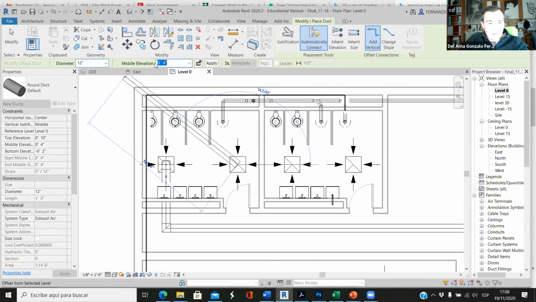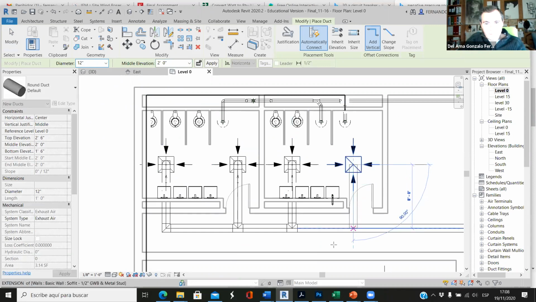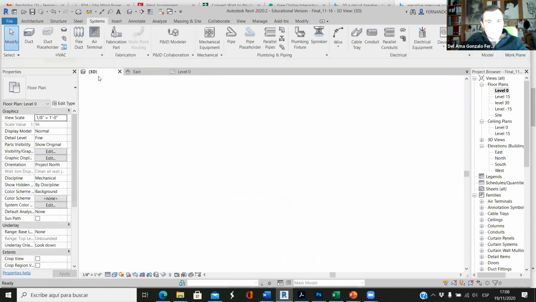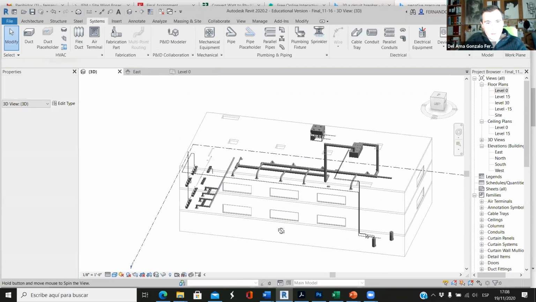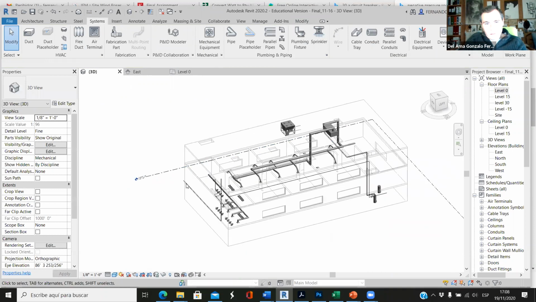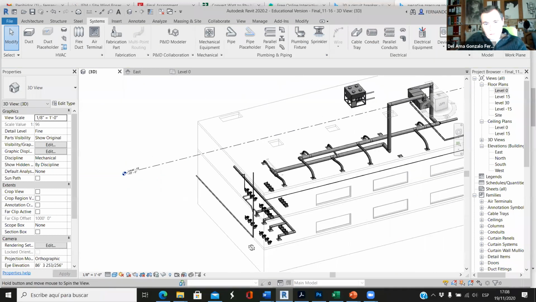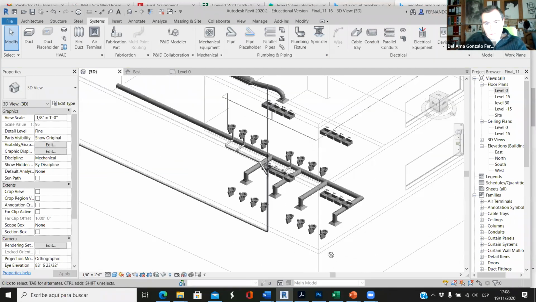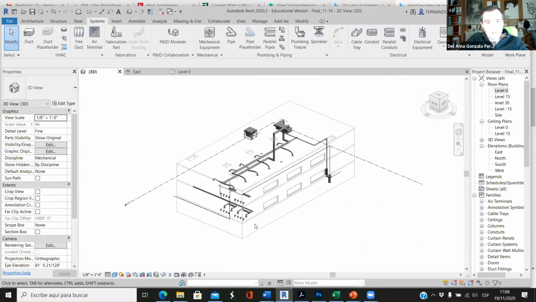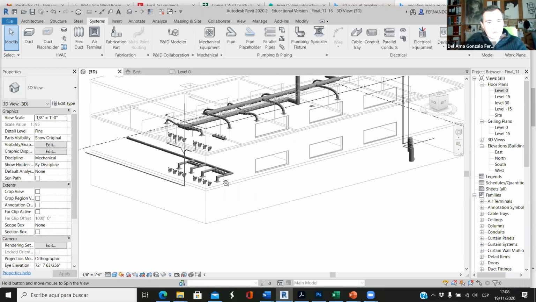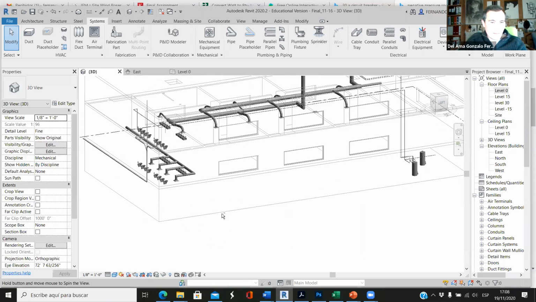We change the elevation to, and then we have a T, another one, and another one. There you go. Okay, so from the toilet, we have this exhaust duct. Oh, I made a mistake.